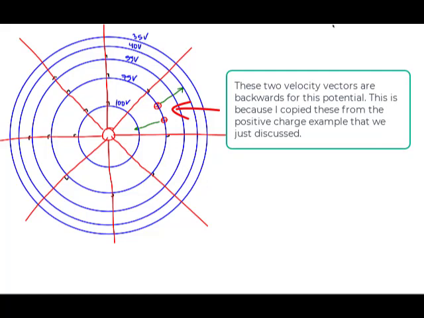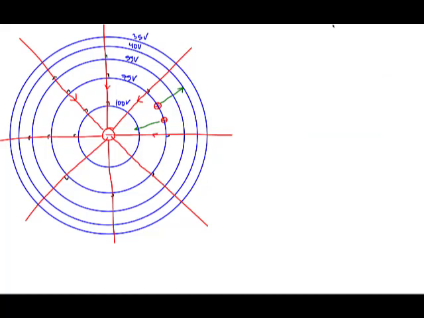Let's replace this positive charge with a negative charge. For negative charges, the electric field lines point inward toward that negative charge. And we know that electric field lines point from high to low potential.